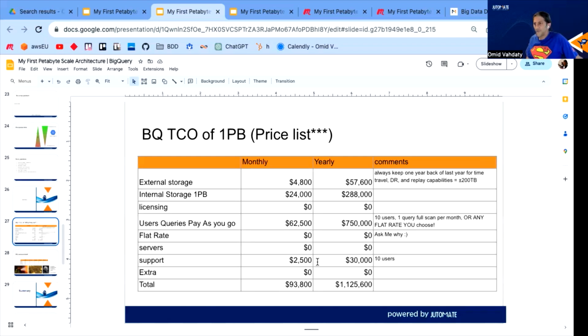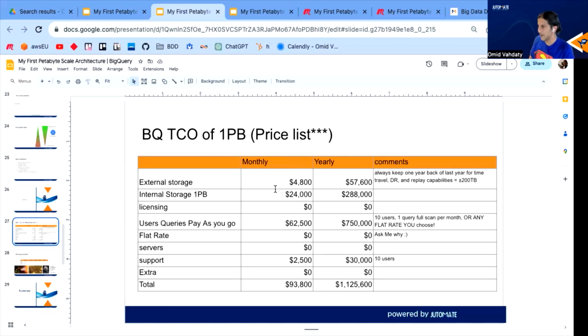In terms of support, we sometimes want to use support. There are some tips and tricks that working closely with support will make your life easier, especially when it comes to complex syntax and some questions about cost and partitioning and some weirder messages which are not readable.